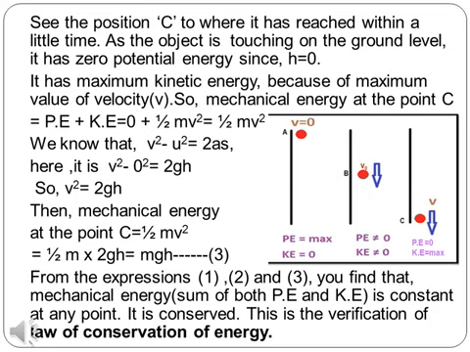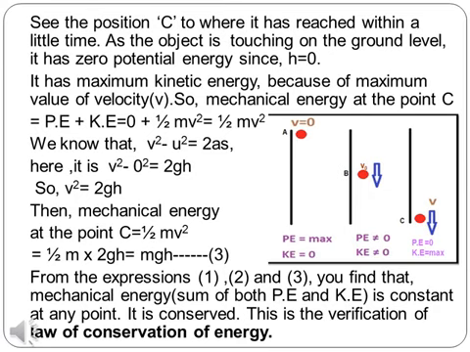As the object is touching the ground level, it has zero potential energy since h is equal to 0. But it has maximum kinetic energy because of maximum value of velocity.